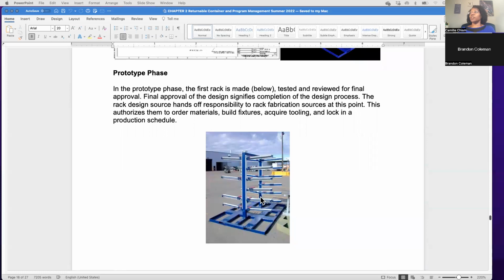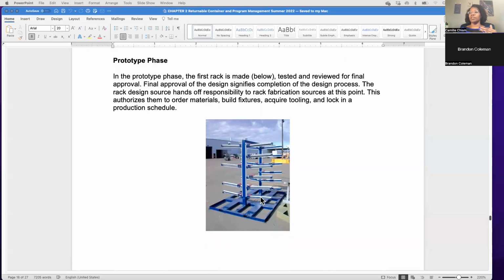But more than anything, you want to understand how much material is going to be used for a rack, and whether the parts fit. Will these hold the parts the way you need them? Are you going to have any issues, say with center of gravity, or are they difficult for people to handle? Is it going to be easy for people to pull parts from these racks? Those are all the things you're looking at.